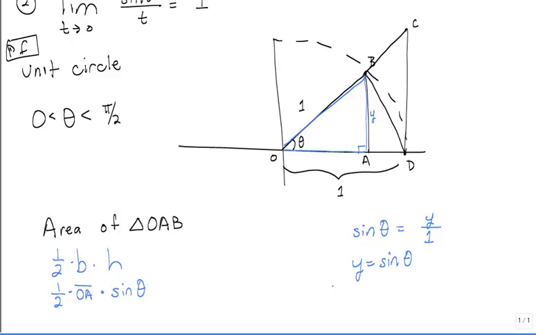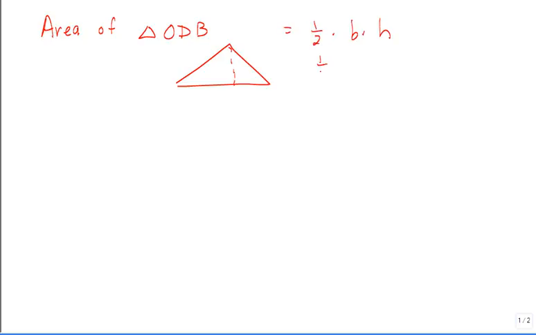We can also say the area of triangle ODB, that's this one, is 1/2 base times the height. The base is 1 in this case, and the height is y, which is sine theta.